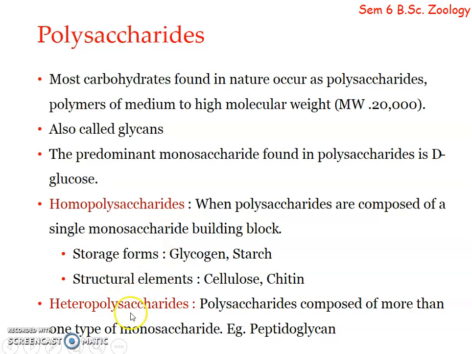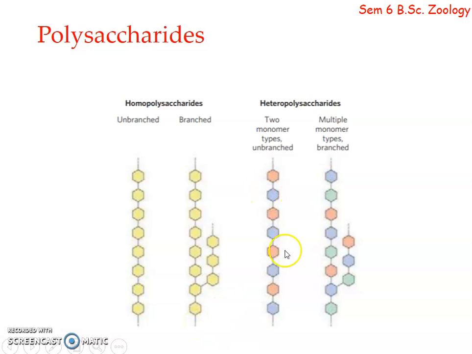Now in the case of heteropolysaccharides, when the polysaccharide is hydrolyzed, more than one type of monosaccharide may come into being. Peptidoglycan is composed of more than one type of monosaccharide. So here you can see one type of polysaccharide where two different types of monomeric units are bound together by glycosidic bonds to form the heteropolysaccharide.